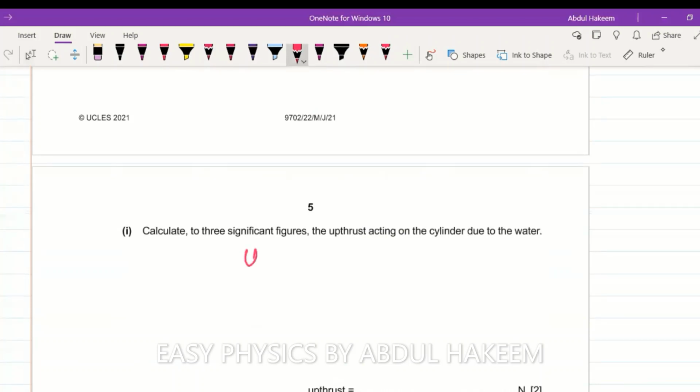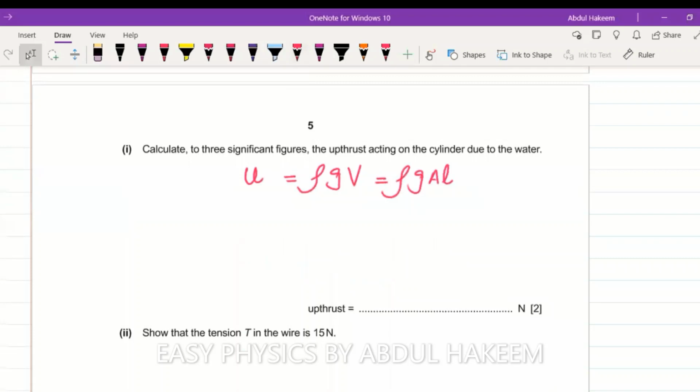Look, the upthrust is equal to rho g into the volume of the displaced liquid. So rho g A L. Now the rho of the liquid is 1 times 10 power 3. The value of g is 9.81 and the cross-sectional area is given, 0.0230.